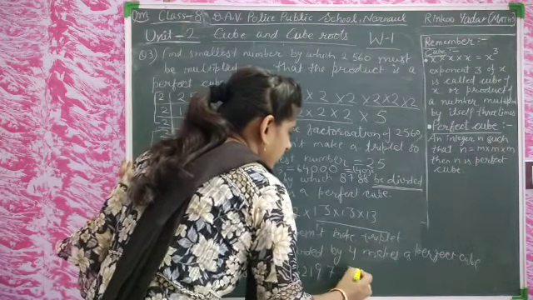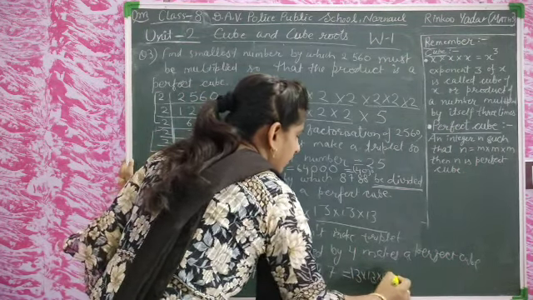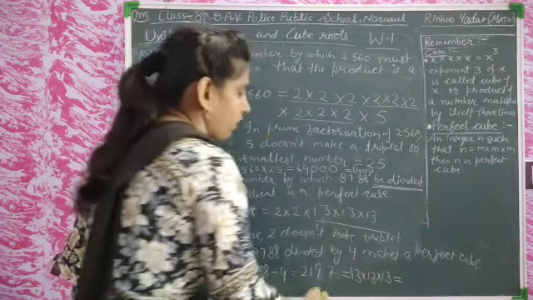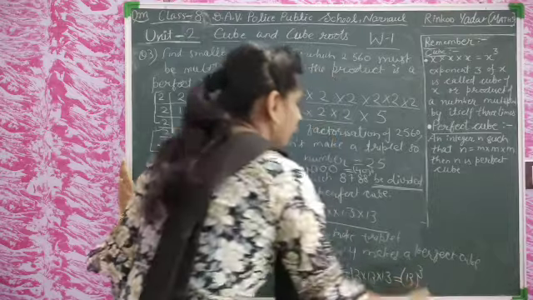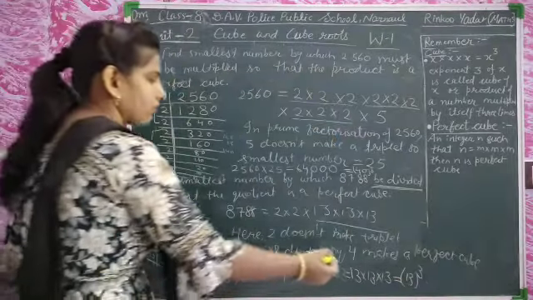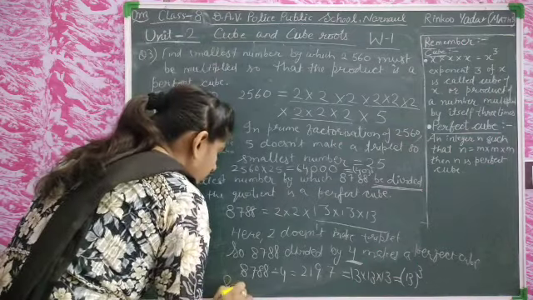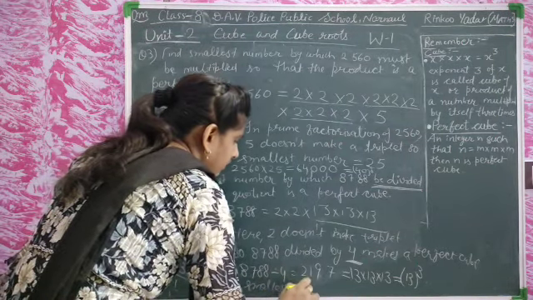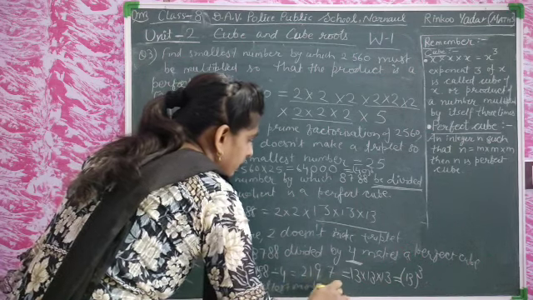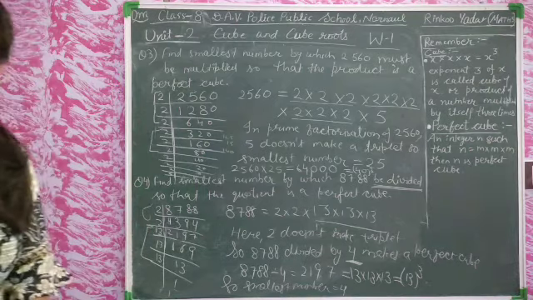And it is equal to 13 into 13 into 13, and that is the perfect cube of 13, that is 13 cube. So the smallest number is 4 here. Is it clear to all students?